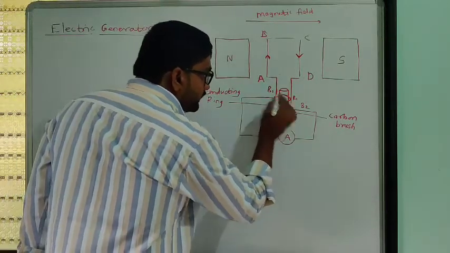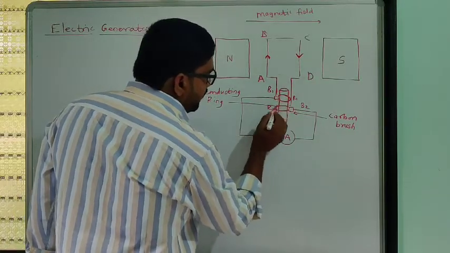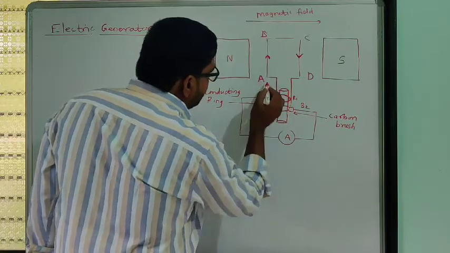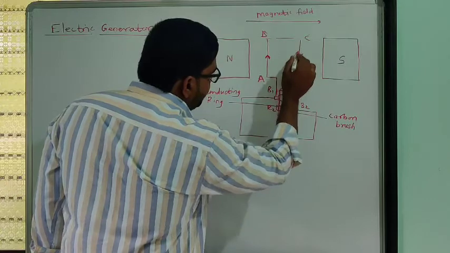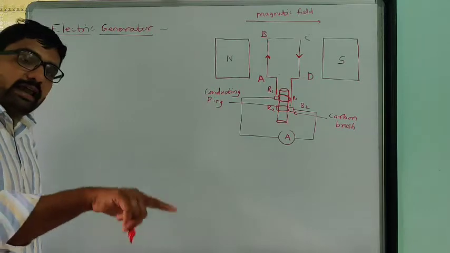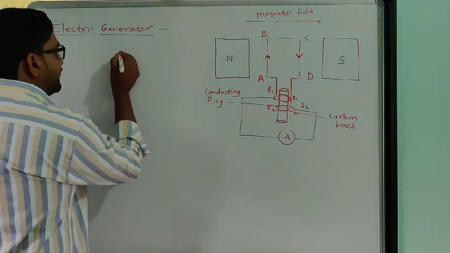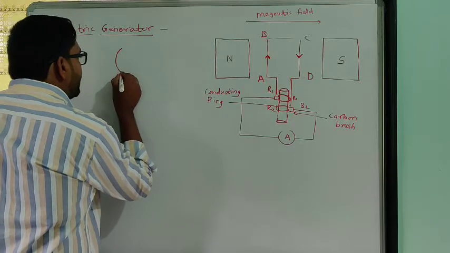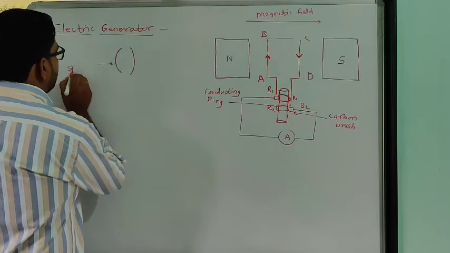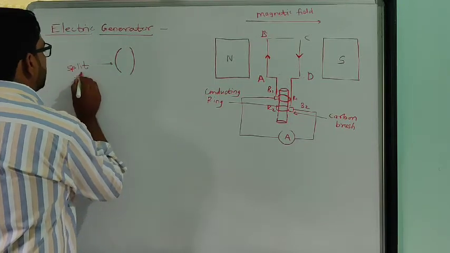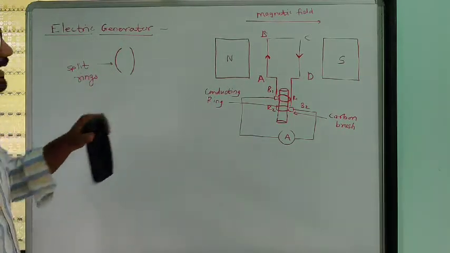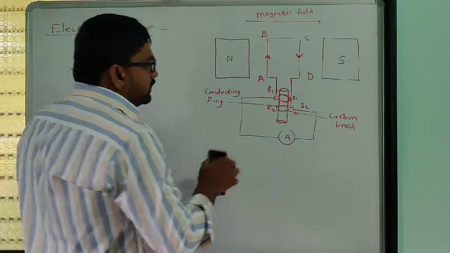Instead of these two rings, which are separately connected to the two terminals, with the AB side connected to ring R1 and the CD side connected to ring R2, if you want to convert the AC generator into a DC generator, we have to use split rings. So instead of these rings, we have to use split rings over here. Now we have to see how.